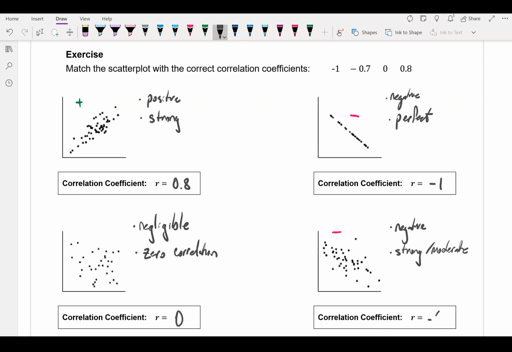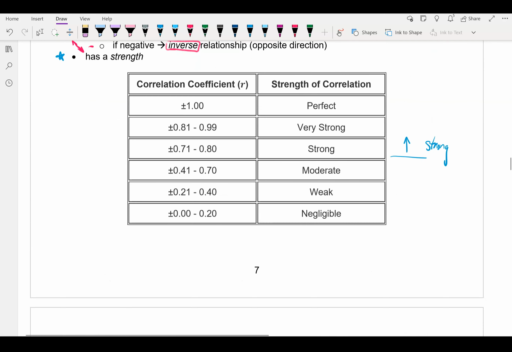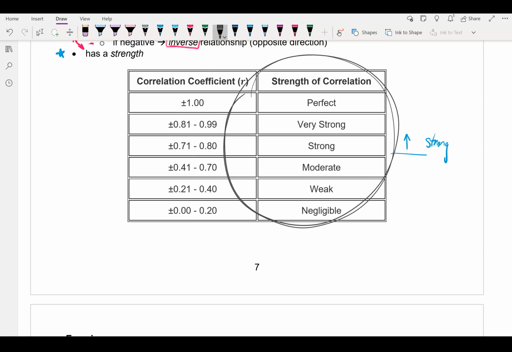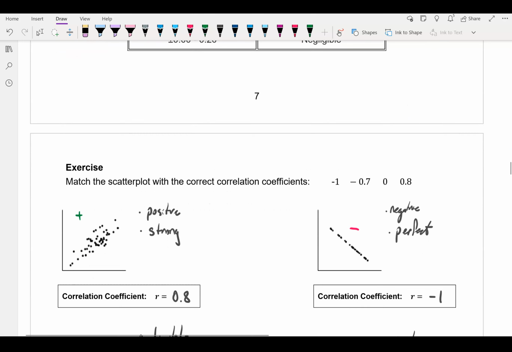But because it gives us the option of -0.7, I don't want to confuse you by saying moderate here. So I'm going to erase it. But if you weren't given the -0.7, you'd want to think, okay, is it strong, is it moderate? And by the way, where I'm getting these words, strong, perfect, 0, or negligible, is from the table. So let's not forget about our nice little table there.